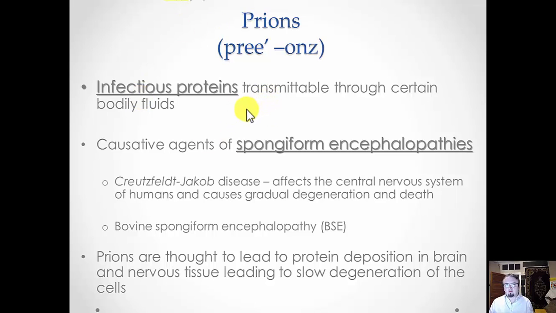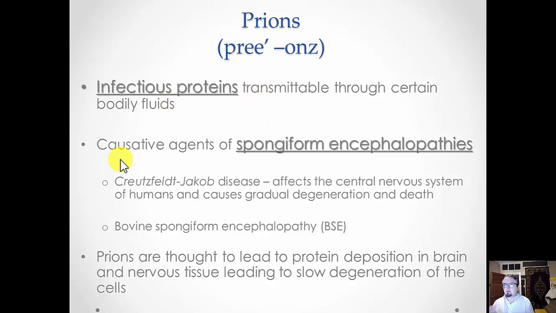So you have really two things happening: normal proteins being shut down, they stop functioning, and then a higher rate of conversion of more normal proteins into more non-functional proteins. I mean, the zombie analogy kind of works here because it's essentially one infectious thing infecting more, which then go on to infect more and more and more. So hopefully that makes sense. That's kind of the idea behind a prion.